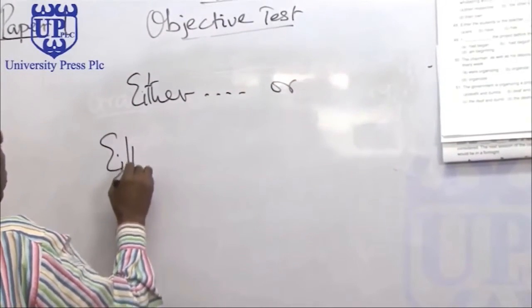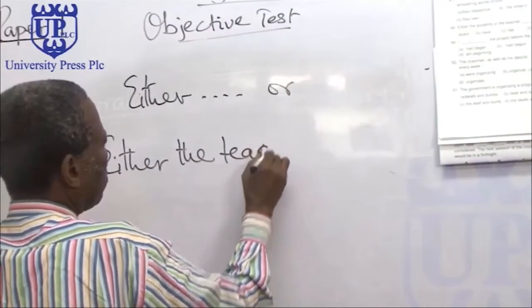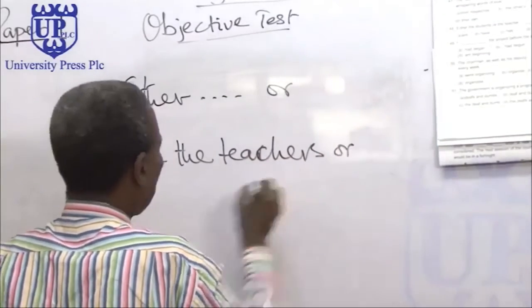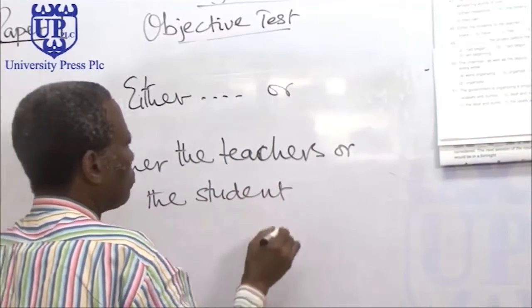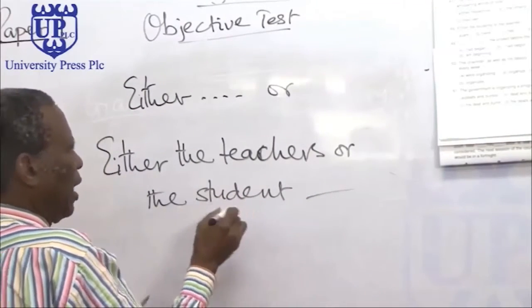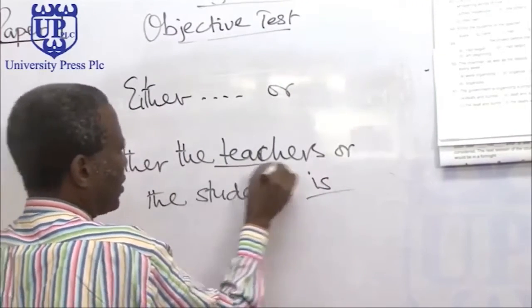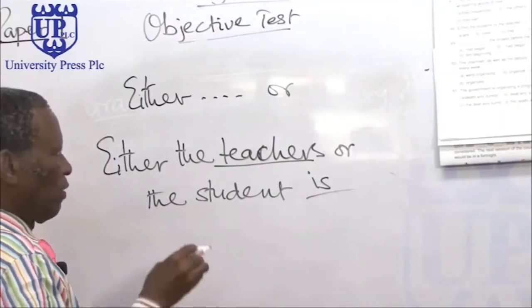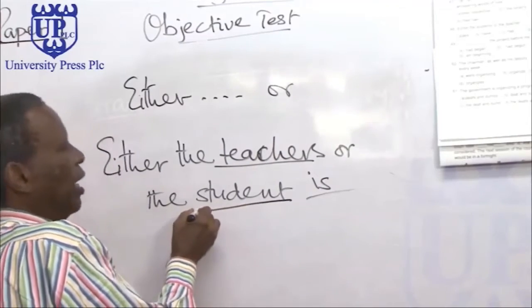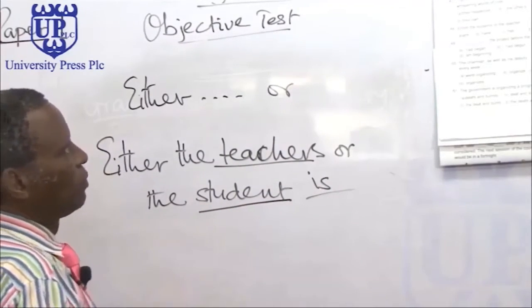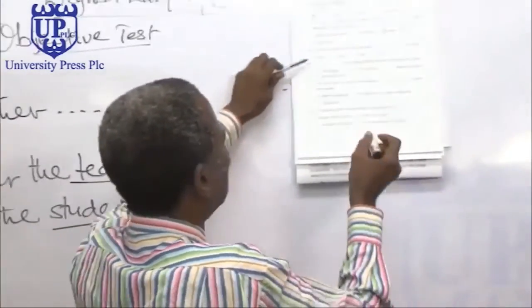For example, you say either the teachers or the student. Now, the subject nearer the verb will be the student, and therefore you use is, even though you have teachers here. But that is the rule. Whenever you have either or neither nor, the verb must agree with the subject nearer to it. So we have here either the students or the teacher is to blame. Is to blame.